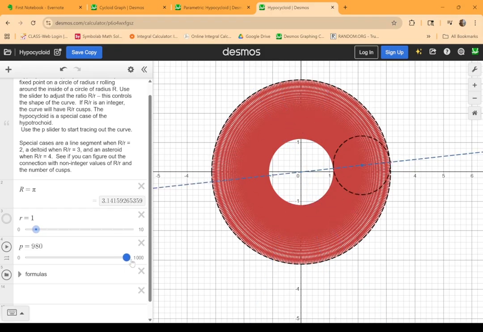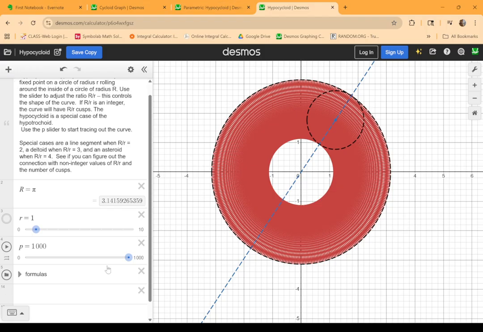This is capped at 1,000, really just capped at the pixels of the graph itself, but all of the area between the larger radius and the inner radius will just be filled. If we just trace the path, it'll fill it completely as the path keeps going and going. So that's an interesting thing that happens when the ratio happens to be an irrational number.